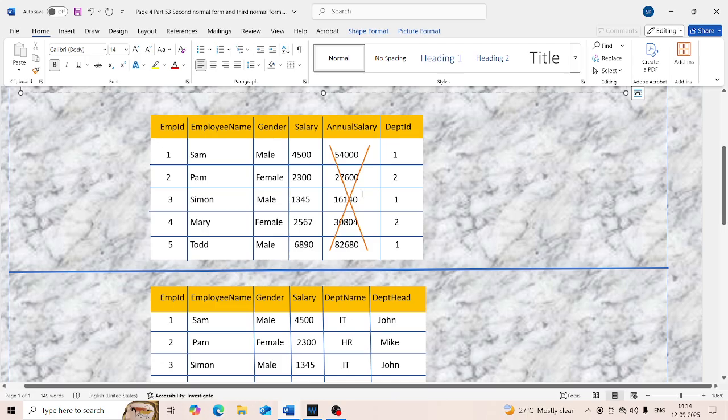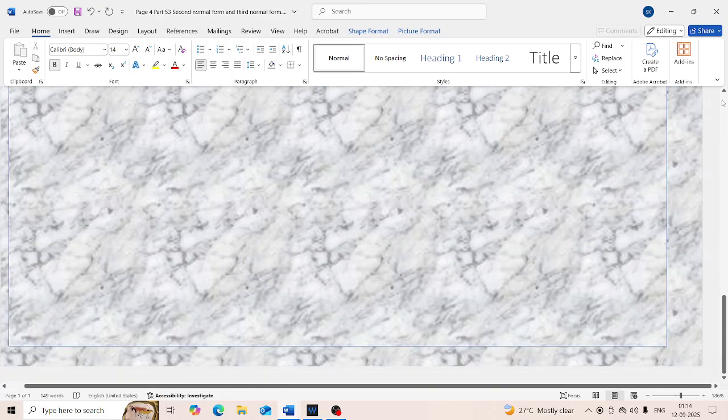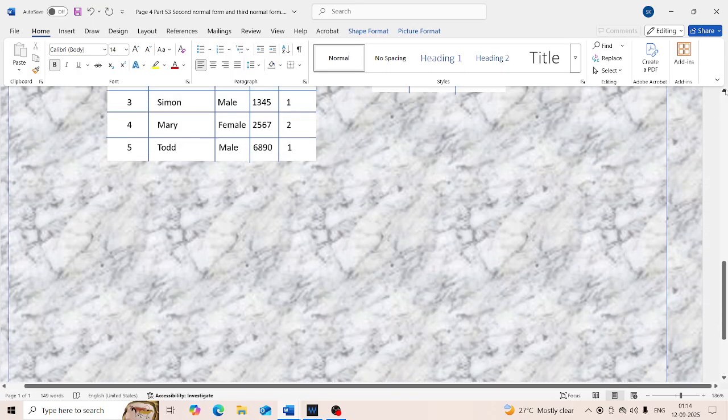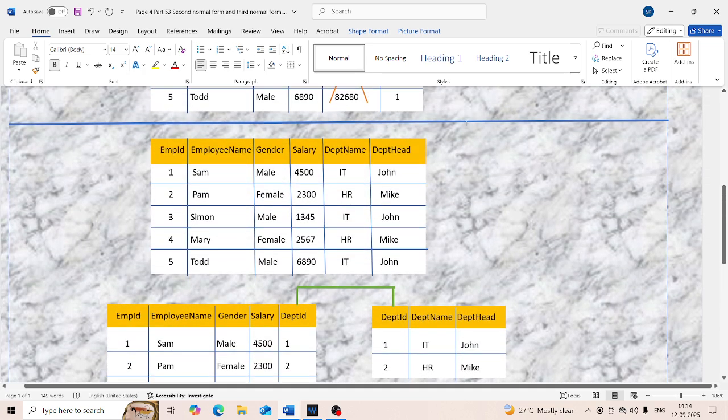Whereas if you want to get this table into third normal form, you remove those columns that are not fully dependent on the primary key into their own table and establish a relationship between them.